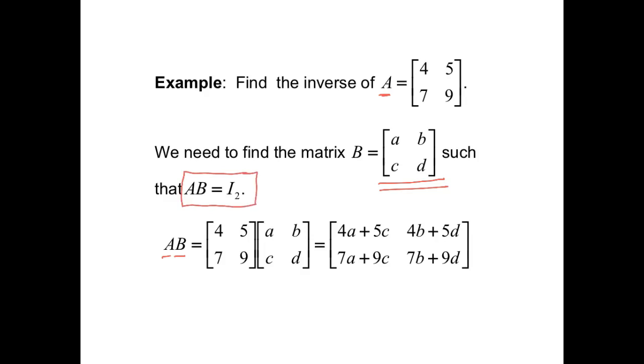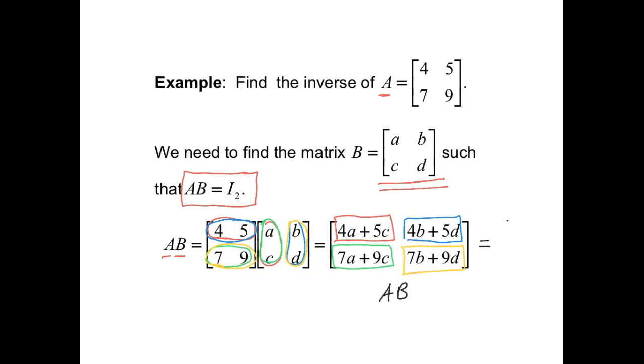So if I run through the multiplication of the two matrices, and if you remember, the way we do that is we multiply the row by the column to get each of the spots. So now this matrix right here, this is going to be my product A times B. And we know that that has to equal my identity matrix, which is 1, 0, 0, 1.